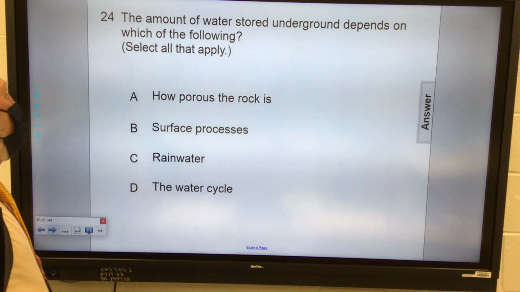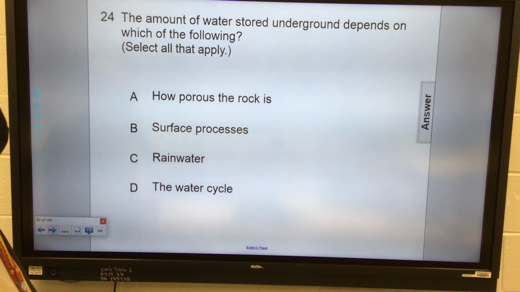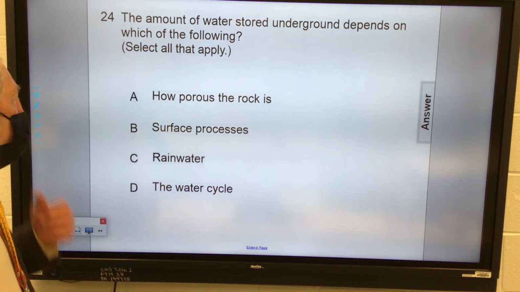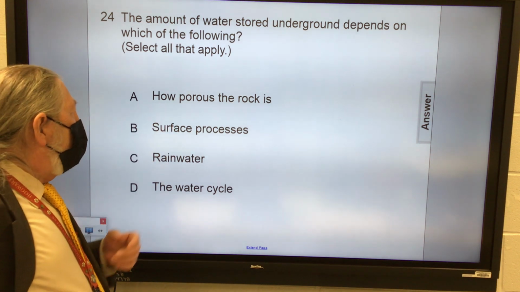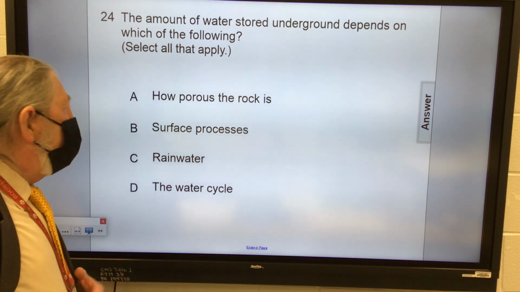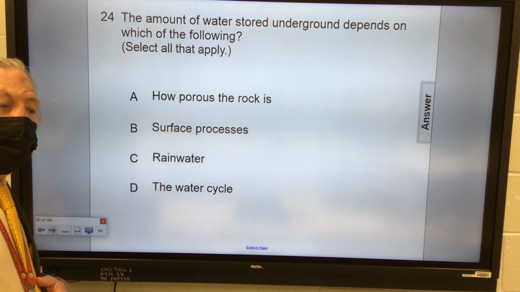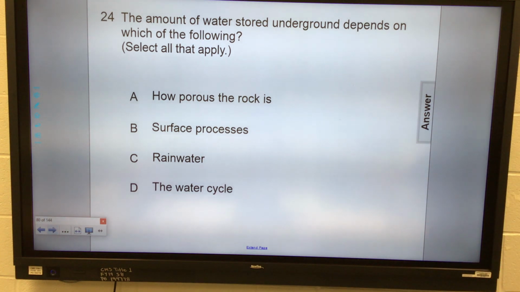Okay, look right here, 24. The amount of water stored underground depends on which of the following. Is it how porous the rock is, the surface processes, rainwater, or the water cycle? I would say you could mark a bunch of those. Oh, yes, sirree, buddy. I'd mark a bunch of those if I were you.